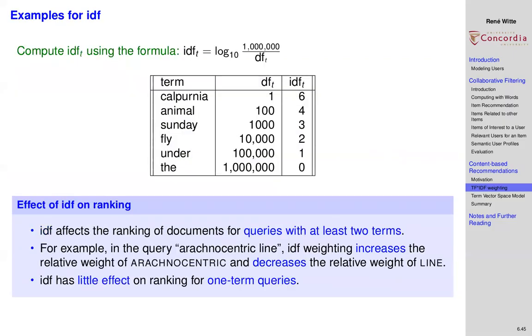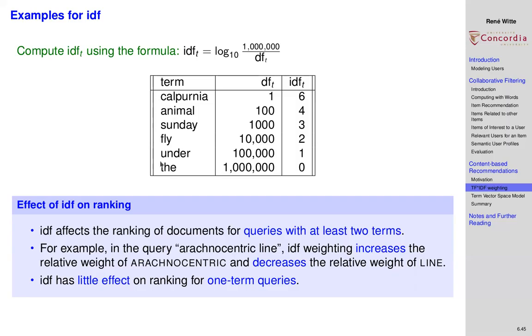To see how this works on an example, we have a couple of terms here, and we have 1 million documents. Now we want to compute the inverse document frequency using the formula I just showed you. So N is 1 million, and the document frequency is given here. We have the word Calpurnia, which appears in only one document.